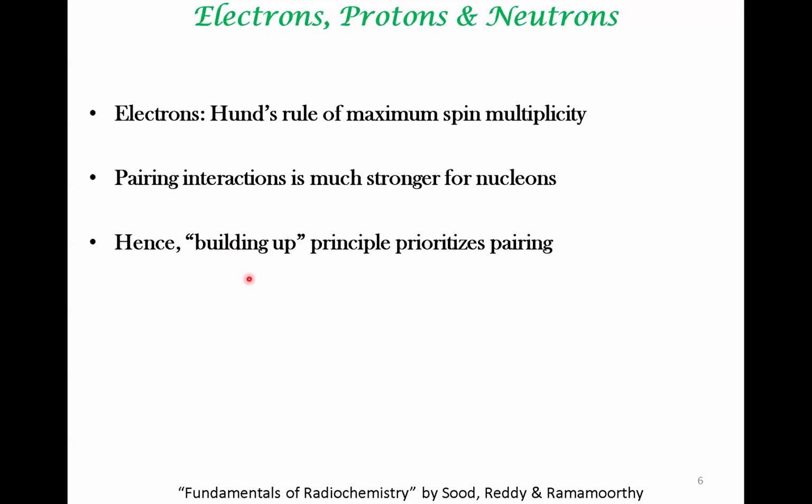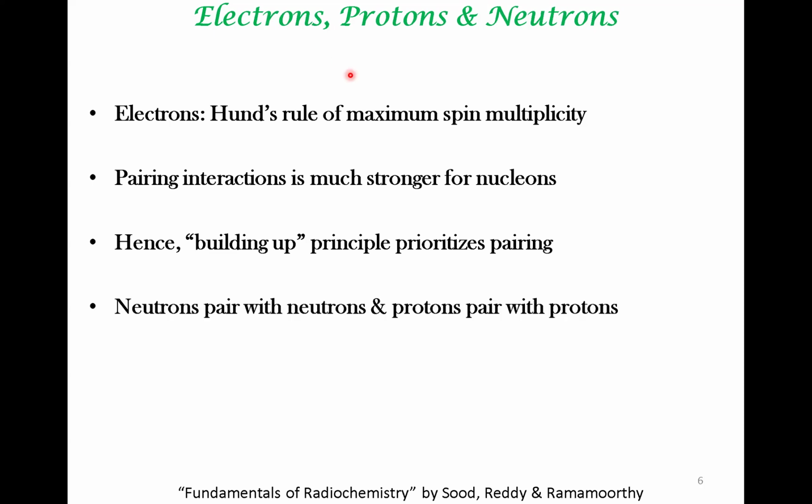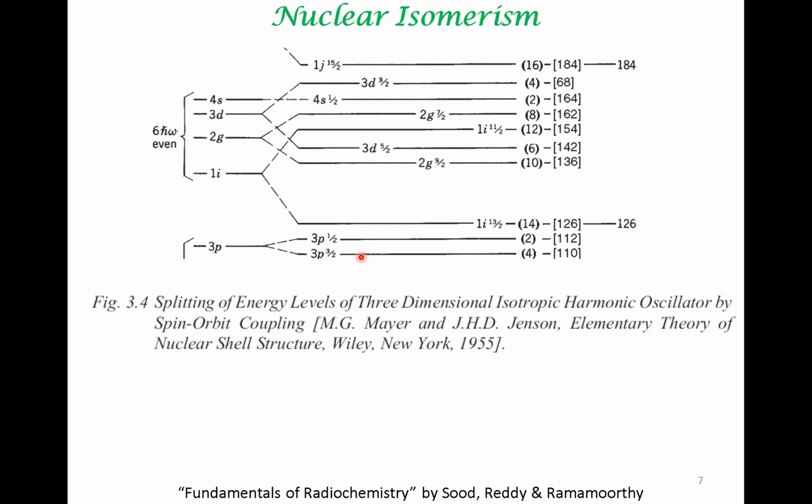So the building up principle for nucleons prioritizes pairing. Therefore, this rule is not obeyed for nucleons, but it is obeyed for electrons. Once you have this ladder of energy levels, you pair the neutrons with neutrons and protons with protons, and start filling up the energy levels.